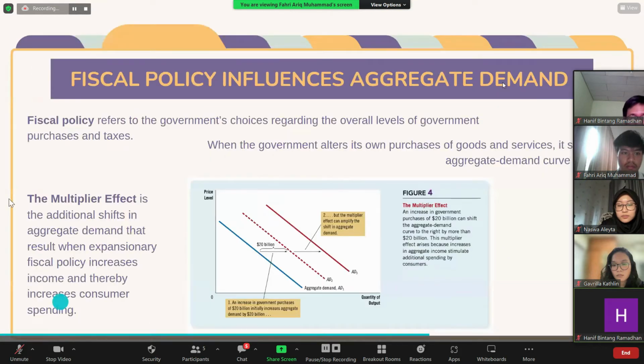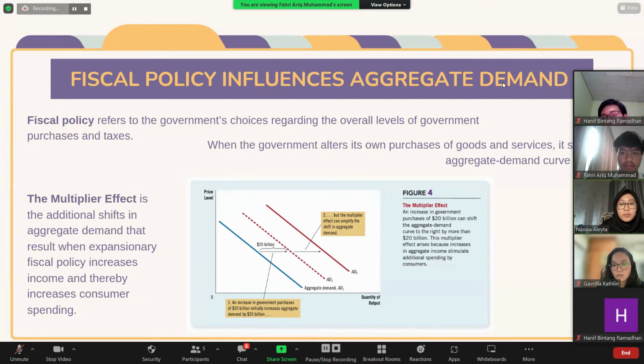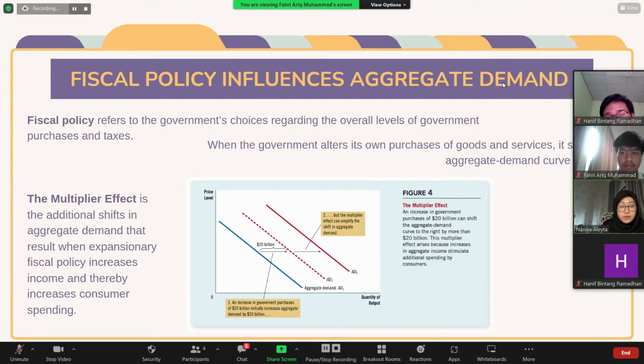Okay, so the next one, we're going to talk about fiscal policy and how it influences aggregate demand. Fiscal policy is the setting of the levels of government spending and taxation by government policymakers.